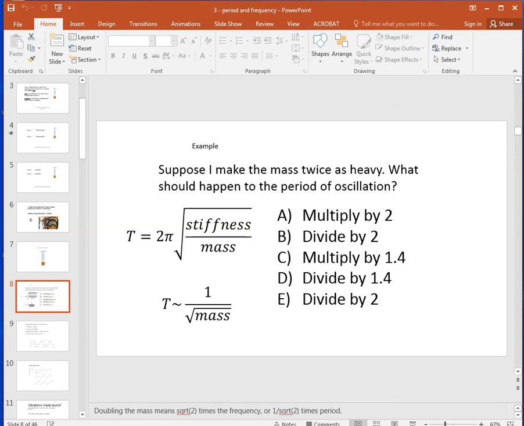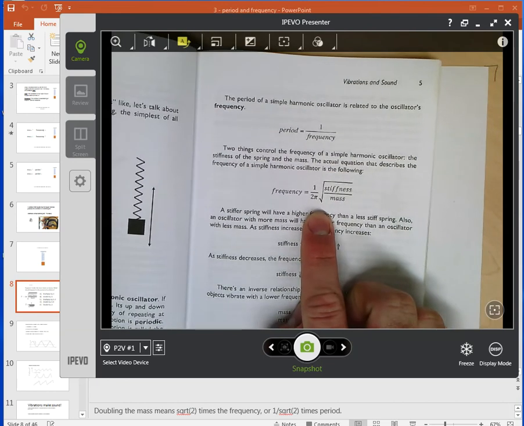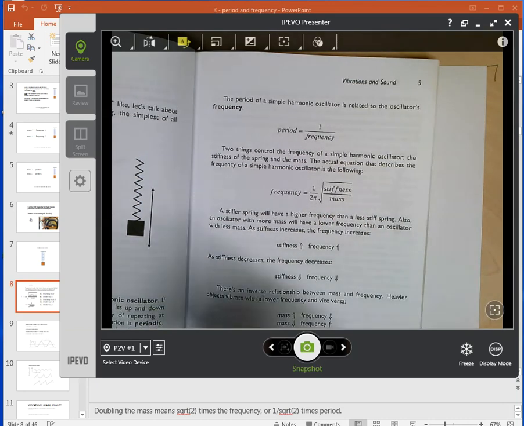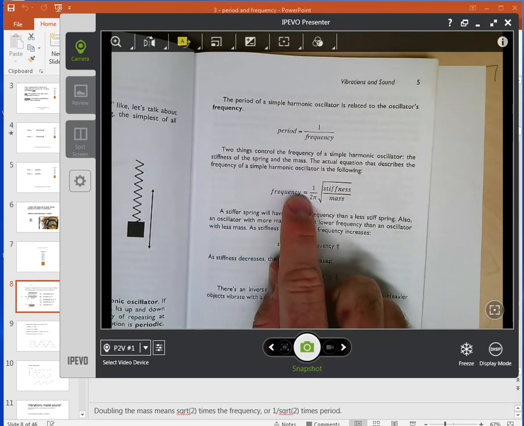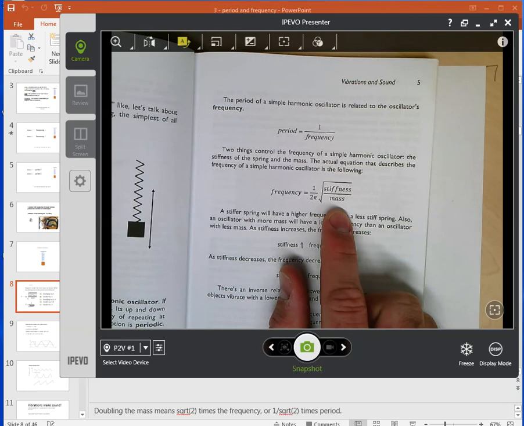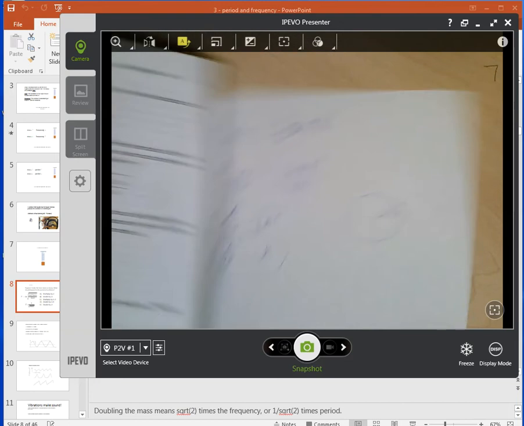If I go over here, you'll see this is the formula for frequency, and it looks like a really complicated formula, but really all it's saying is that if you made a spring stiffer, meaning that it's more like a shock absorption spring on a car rather than a slinky, then it would oscillate naturally at a higher frequency. If you also put more mass on the spring, the more mass you put on there, the lower the frequency. So that hopefully will help you to solve these things.